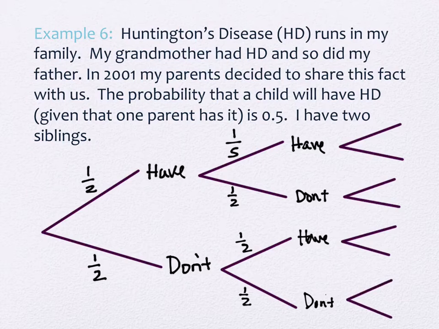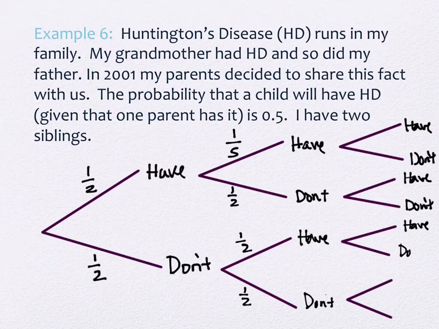So all these tree diagram pieces here at the end represent him. And it's either have or don't. And all the probabilities along the way are 1/2.